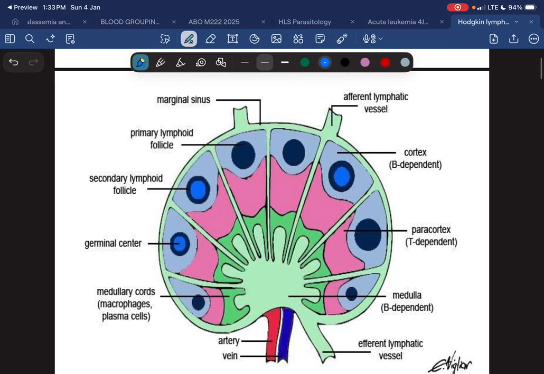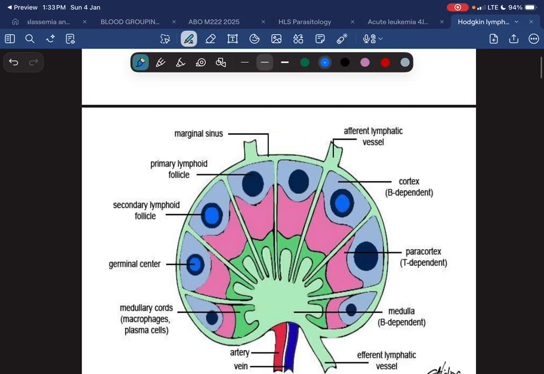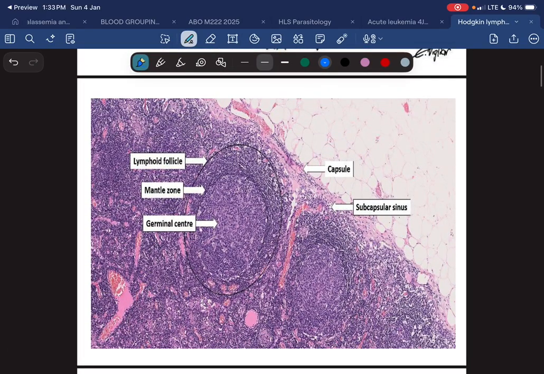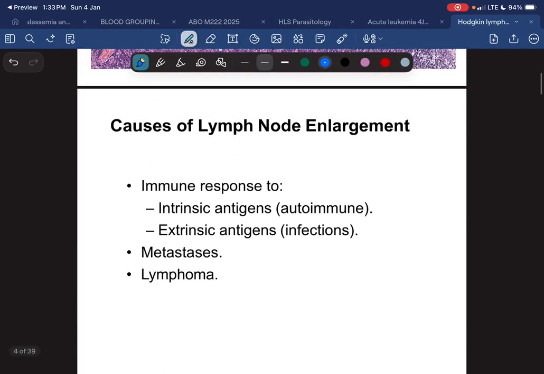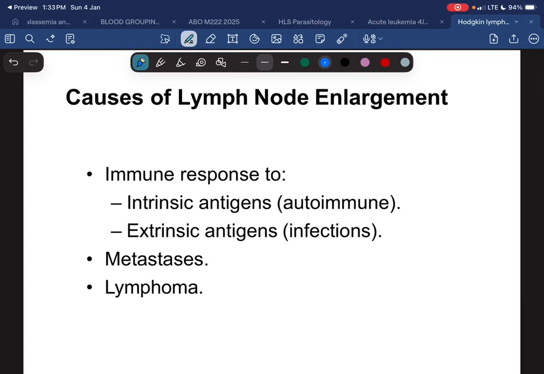Okay, lymph node enlargement causes can be divided into immune mediated, to intrinsic antigens like autoimmune diseases, rheumatoid arthritis, or extrinsic antigen expression like infection. Metastatic malignancies: most malignancies metastasizing to lymph nodes are carcinomas, right?